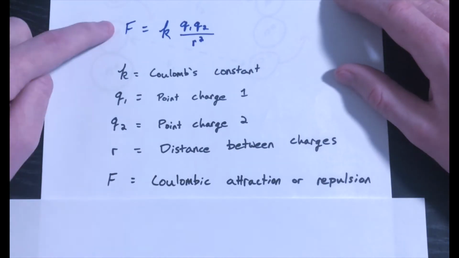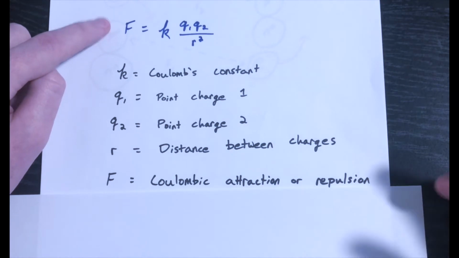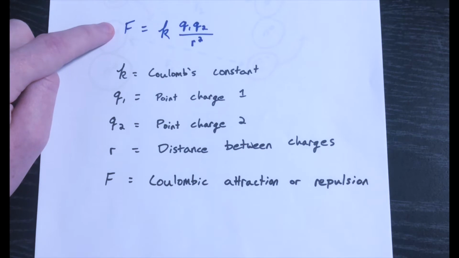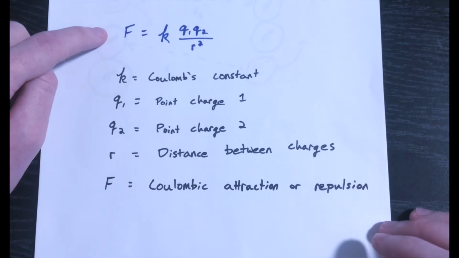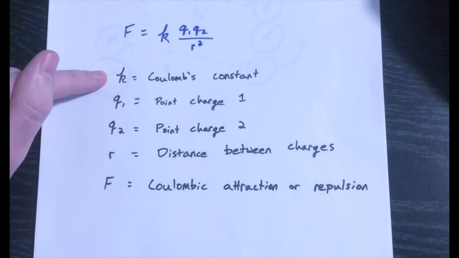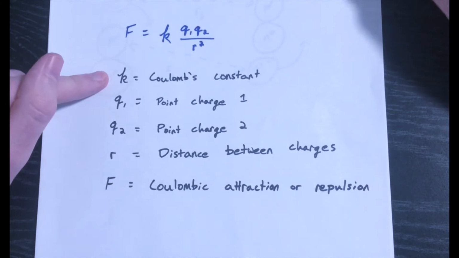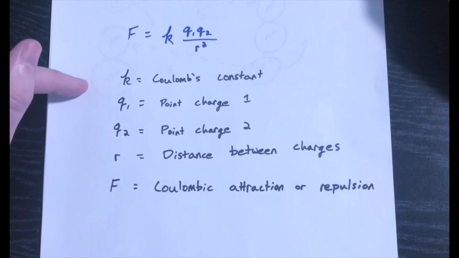First is F, which is the Coulombic attraction or repulsion, typically in terms of force, but this will also be used as energy later, as we'll see in the next part. In addition, we have k, which is Coulomb's constant. That's just an experimentally found value that doesn't have any bearing on what we're talking about here in terms of the attraction or repulsion. q1 and q2 are just the charges of specific particles.